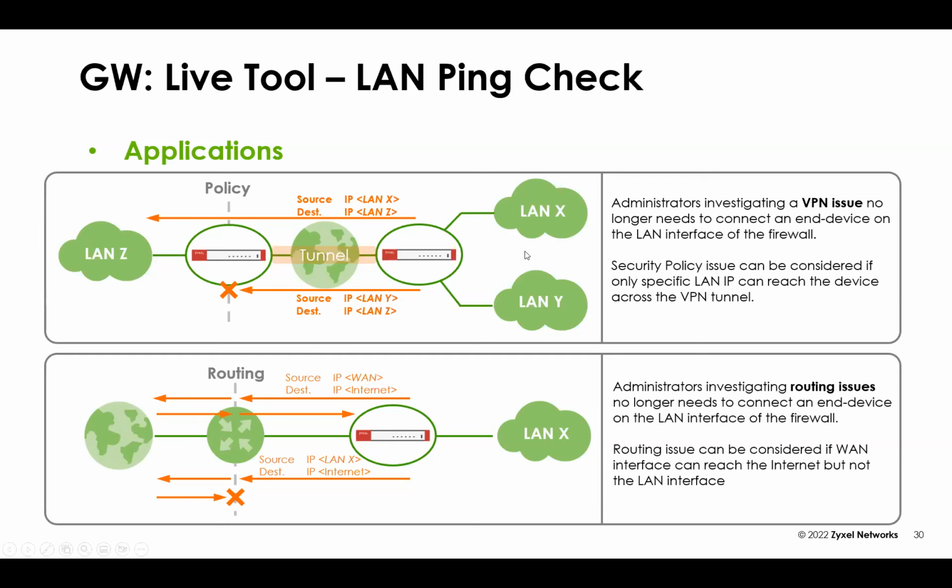So this is a good, helpful tool for having the LAN ping connectivity check, because if you're doing a ping from the WAN side, of course, you can do a WAN ping from the WAN of one site to another WAN site, but that's just doing the gateway-to-gateway communication. For VPNs, we want to be able to see if traffic is passing through the tunnel. So therefore, we can choose our source as that LAN IP address and the destination as the remote LAN IP to see if traffic is traversing the VPN tunnel correctly.